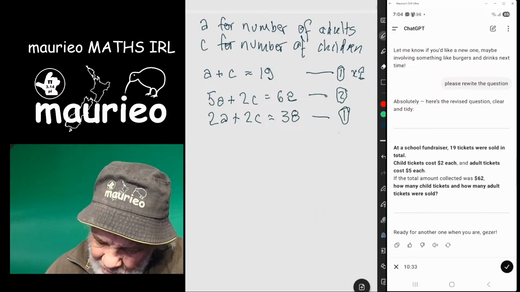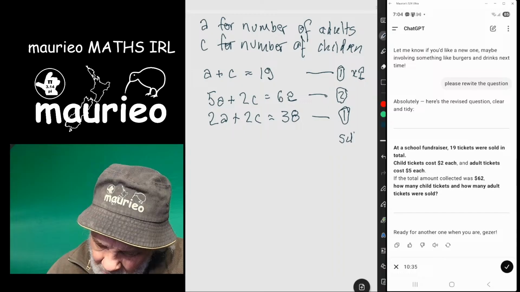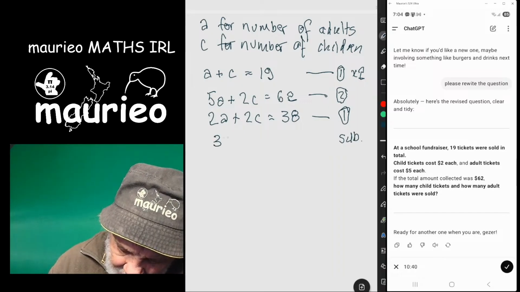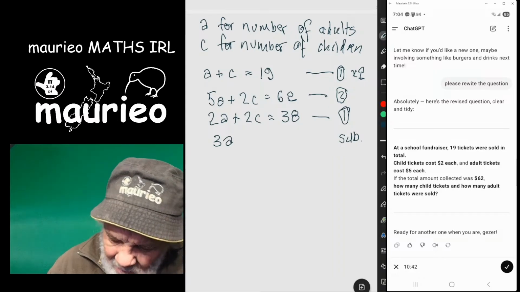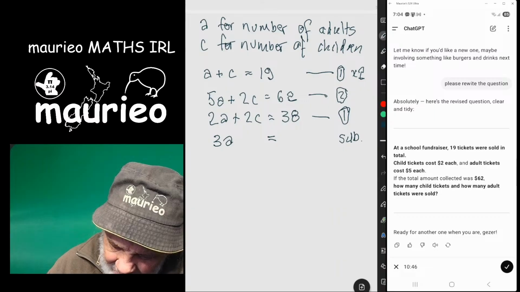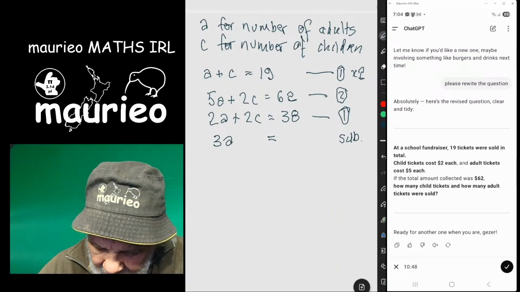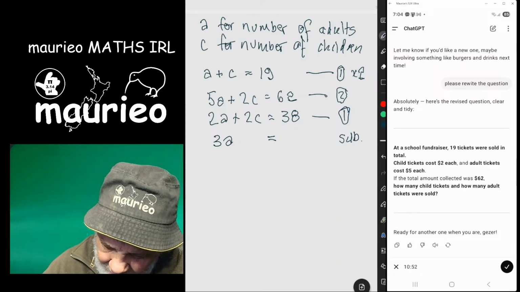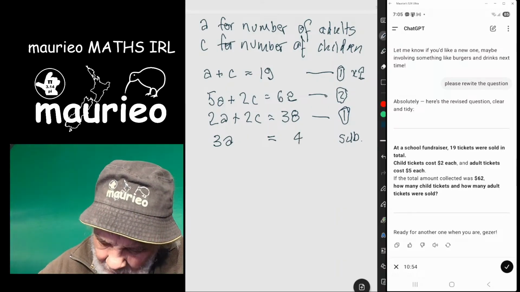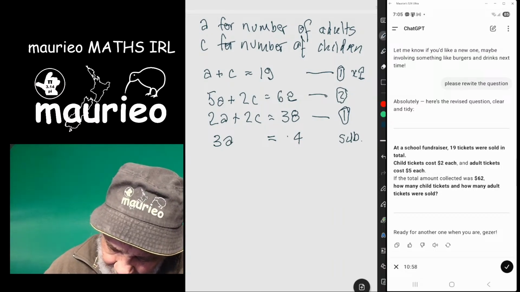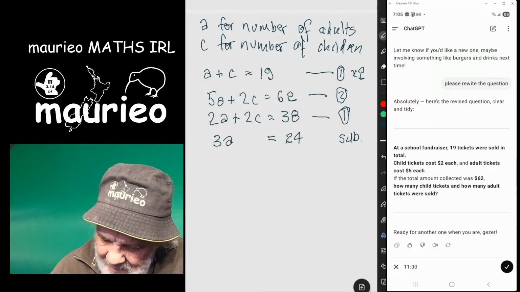Now we're going to subtract: 5A minus 2A is 3A, 2C minus 2C is 0, and 62 minus 38 is 24.